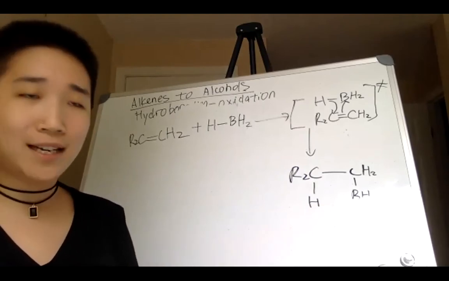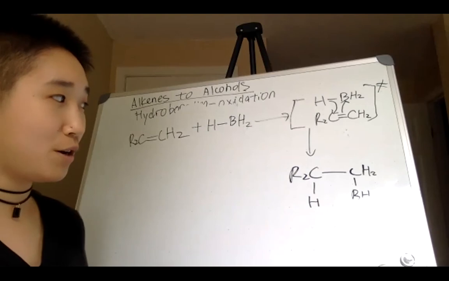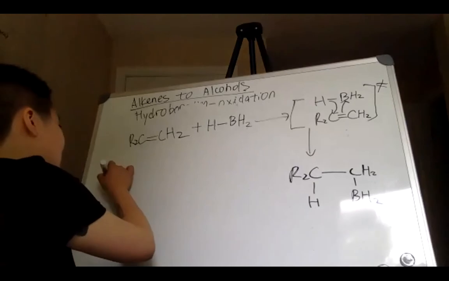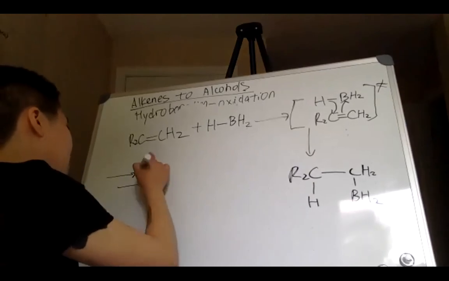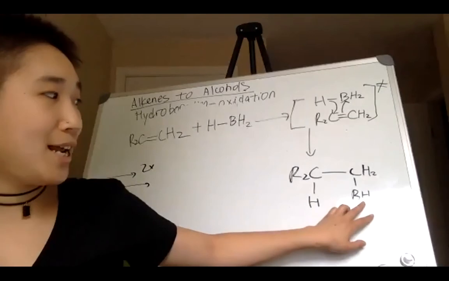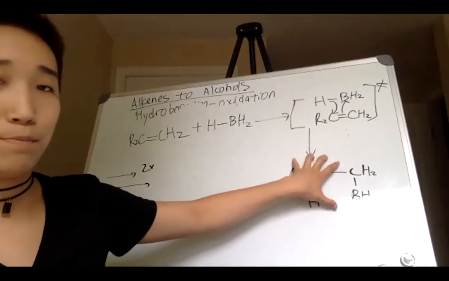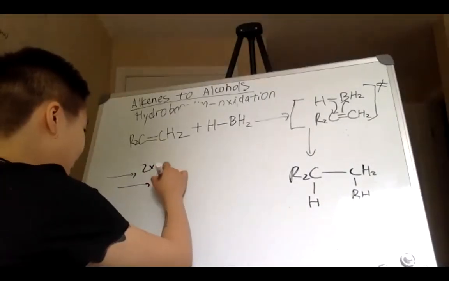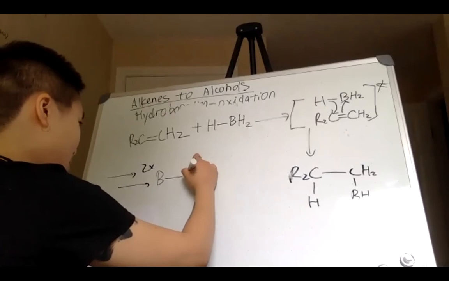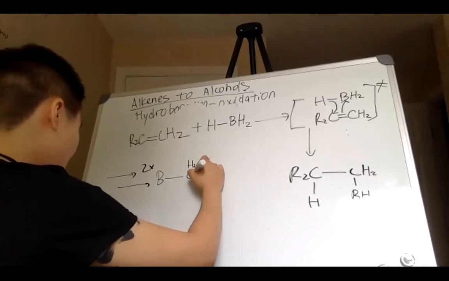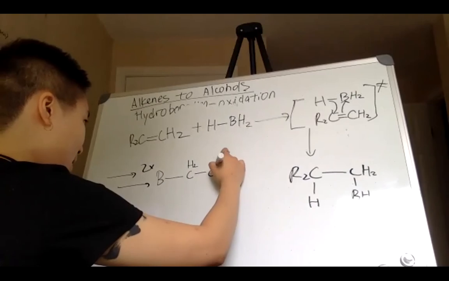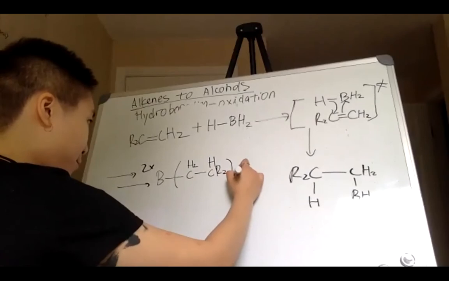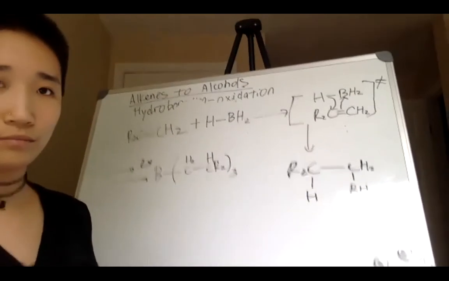This is not the only time that this process happens. We have 2 more BH bonds, therefore this process can happen 2 more times. So imagine in your head that you're going to replace those 2 H's with this bunch of stuff 2 more times. So what we're going to end up having is this boron with CH2, CR2, and an H. And we have 3 of those things attached to the boron.